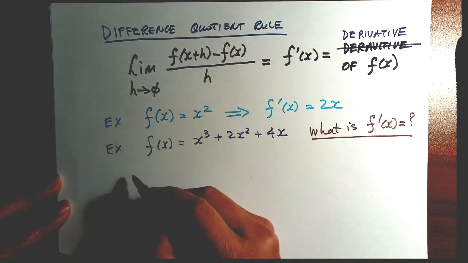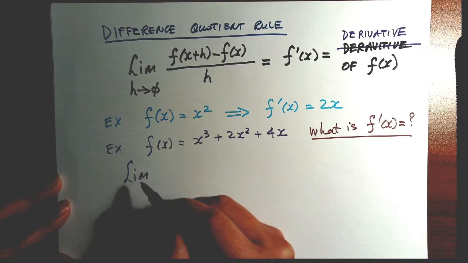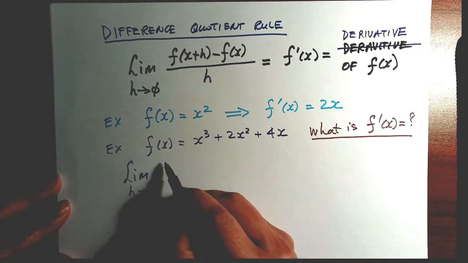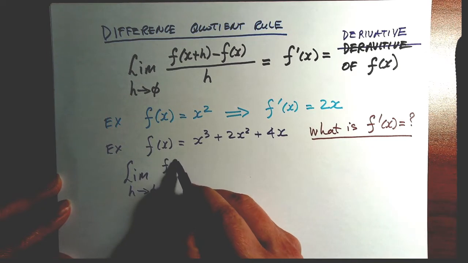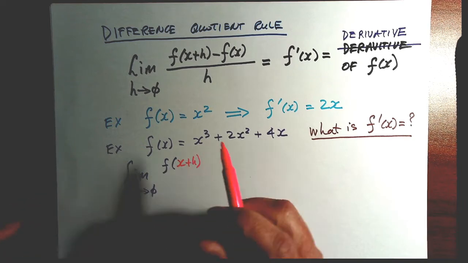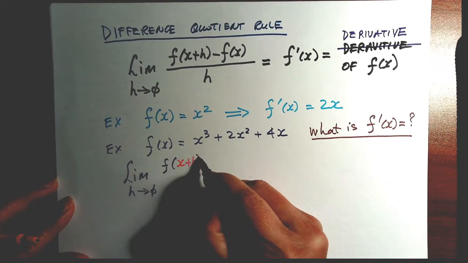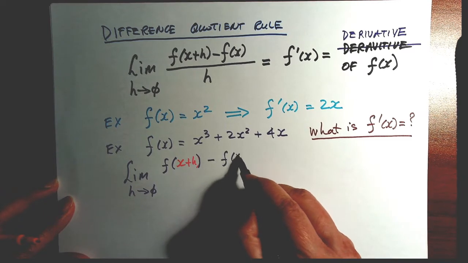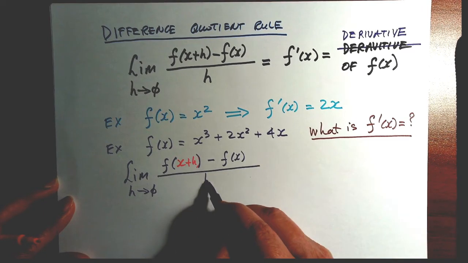So taking this equation, the limit as h approaches 0, then we have f of x plus h. I'm going to write it in a different color just to emphasize that we had to plug in x plus h into the value, minus f of x over h.